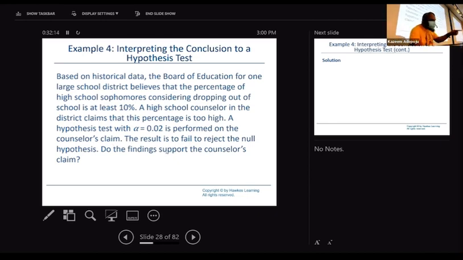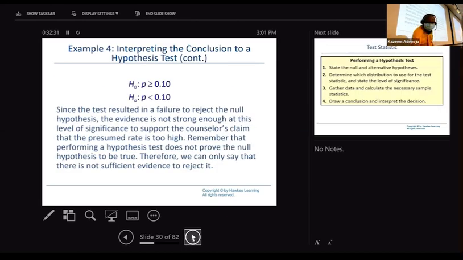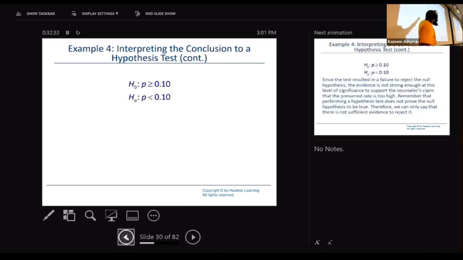Now, the result is to fail to reject the null hypothesis. Do the findings support the counselor's claim? Now, let's look at the specification. In this specification, the board of directors' claim is the null hypothesis. The district counselor's is the alternative.